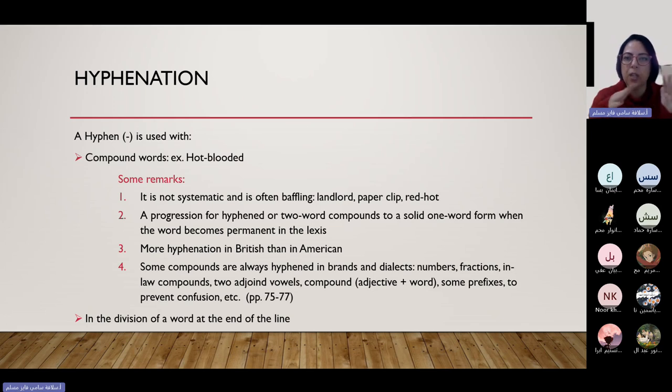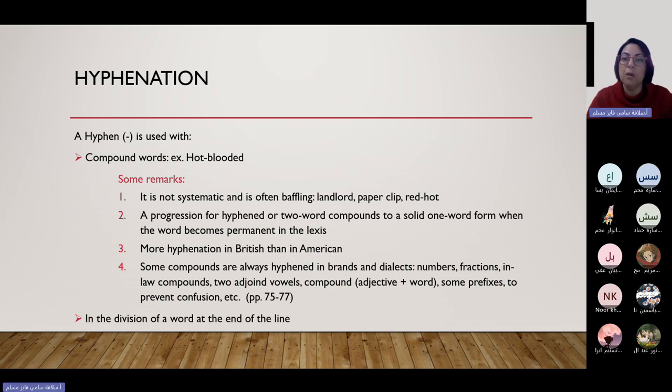Okay, so we will go into each one of these. So a hyphen is this small dash that we use with words. When do we use it? We use it if we have compound words.